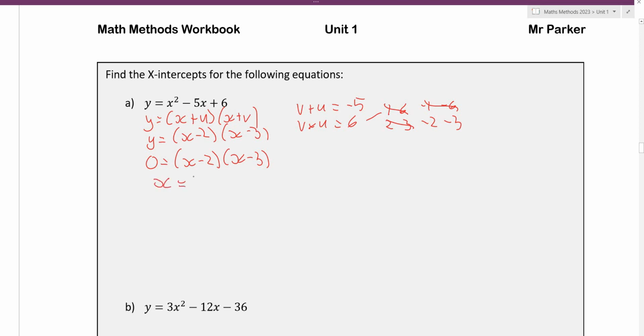So x equals 2 or 3. So it has an x-intercept at 2 and an x-intercept at 3. Or (2, 0), (3, 0).